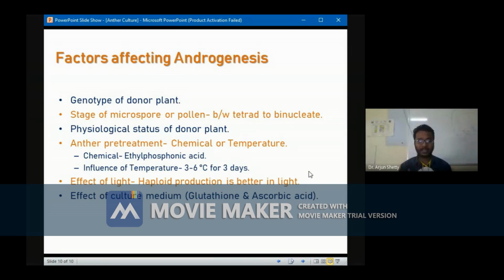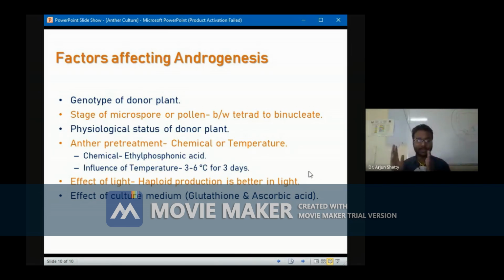The next thing, as I already told you, is that you need to identify at what stage the anther has been selected, because the appropriate stage of the microspore can give better, successful results. The stage of the microspore or pollen should be between the tetrad and the binucleate stage. It should not be below, at the early stage of the tetrad, or at the post-binucleate stage.